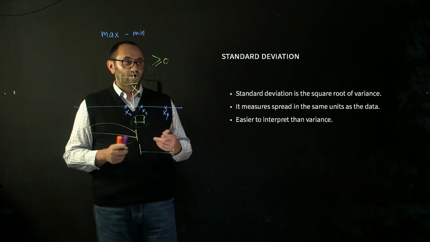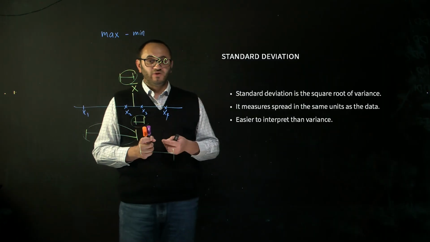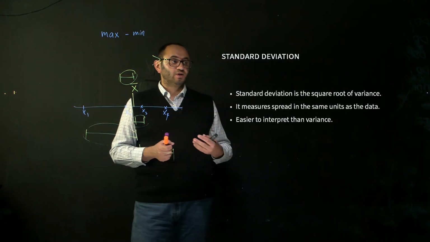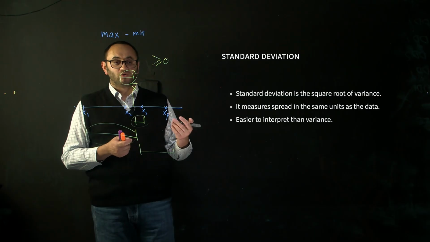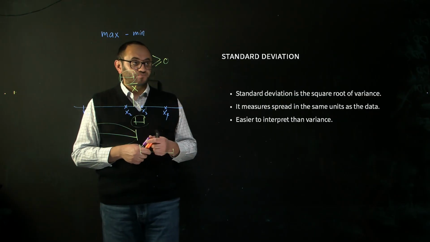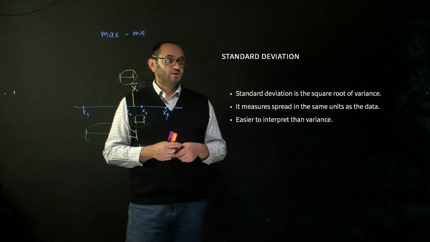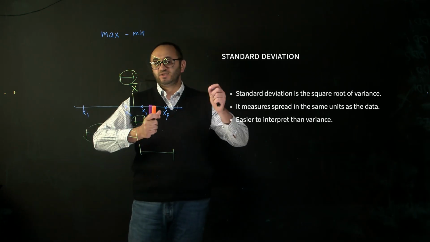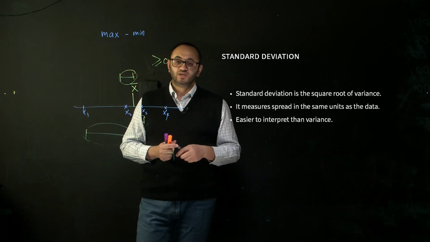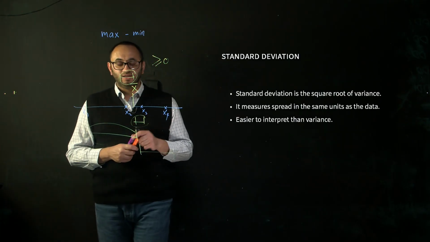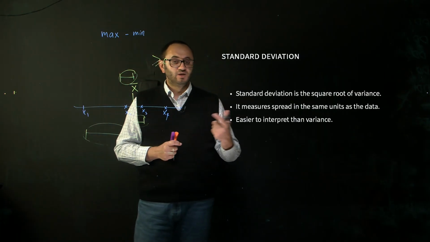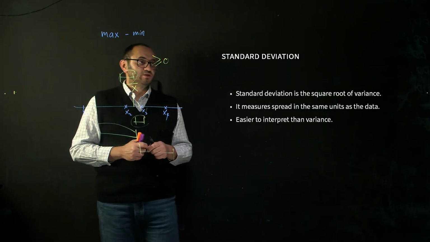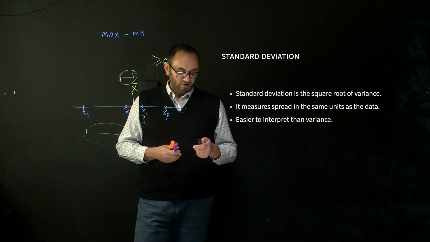The good thing about the standard deviation is it's easier for interpretation compared to the variance because it measures the spread in the same unit as the data. For the variance, it's the square of that unit. So sometimes the variance is a little bit harder for interpretation, but the standard deviation is easier.